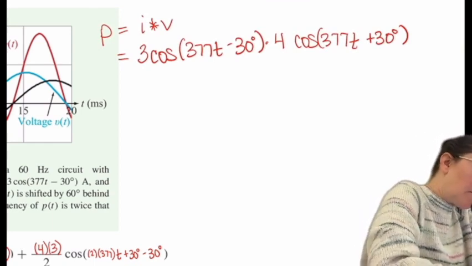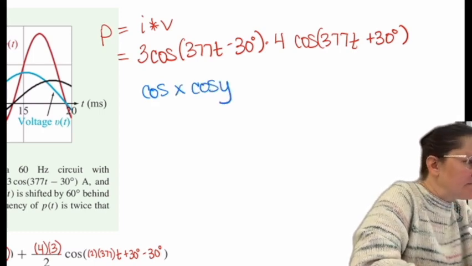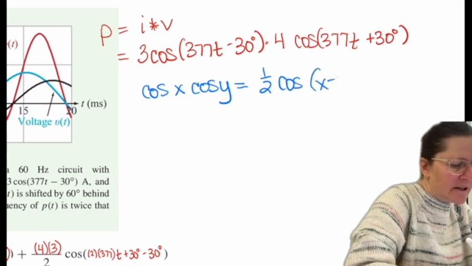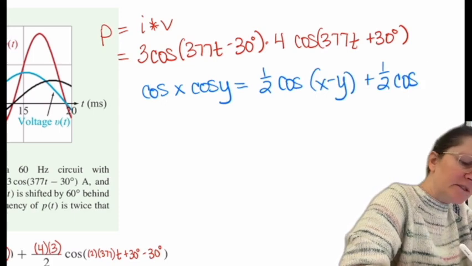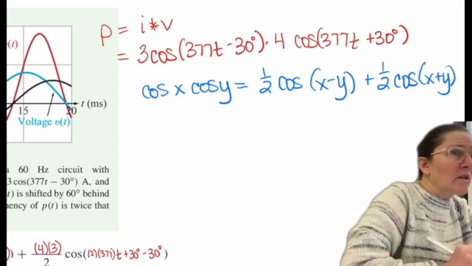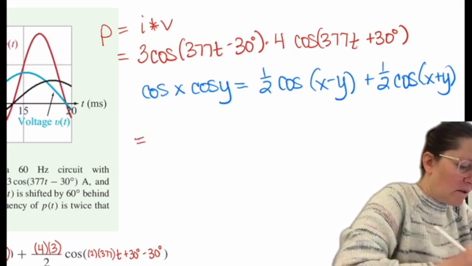If you recall, there's a property: cosine x times cosine y is a half cosine x minus y plus a half cosine x plus y. Where would 3 and 4 go? Would they just be multiplied out by 12 in front of the whole thing? So it would be 12 cosine x cosine y?